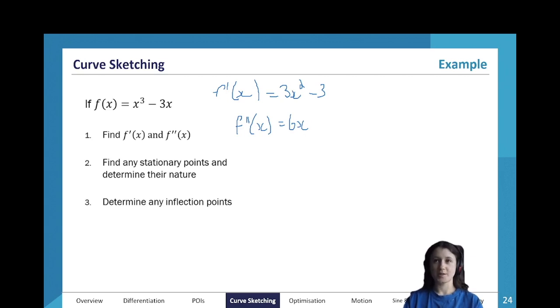Remember, a stationary point occurs when the first derivative is equal to 0, so we're going to have 0 equals 3x squared minus 3. 3 equals 3x squared. Right? 1 equals x squared, meaning that x equals plus or minus 1.